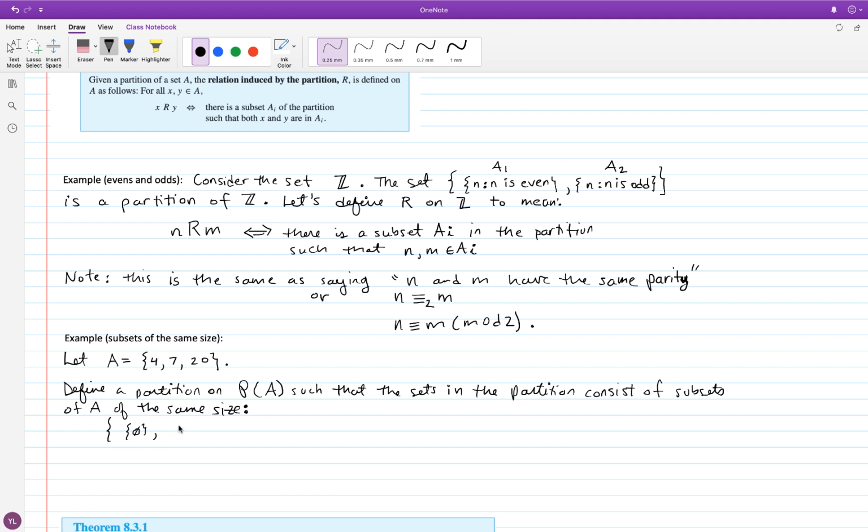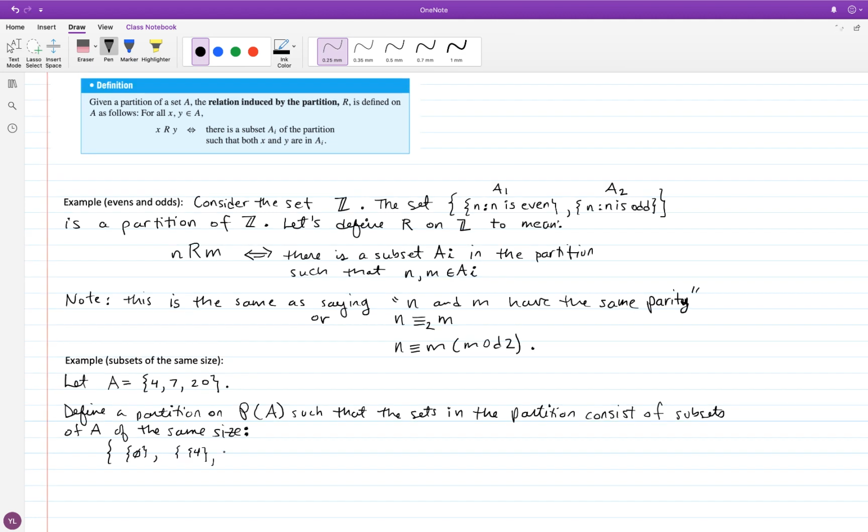The first member of the partition just consists of the empty set, because it's the only set that has 0 elements. Each of my members of the partition is a subset of the power set of A. The second member of that partition is all the singletons. It's got singleton 4, singleton 7, singleton 20. That's a grouping of the subsets of A of size 1.